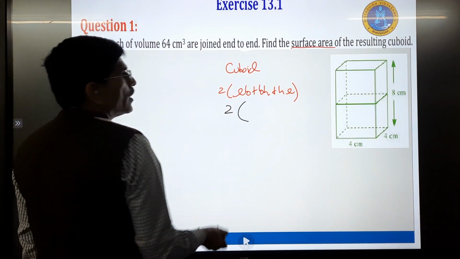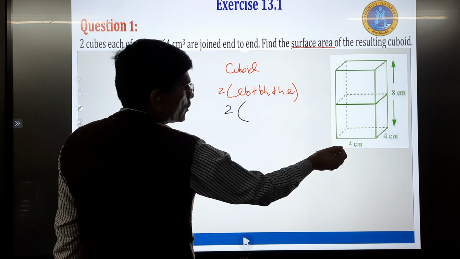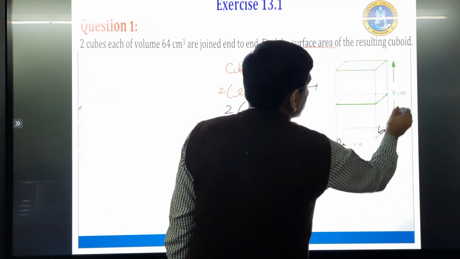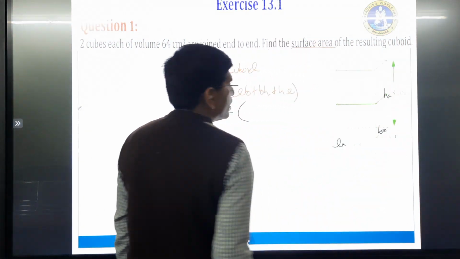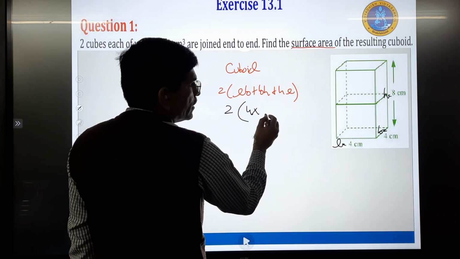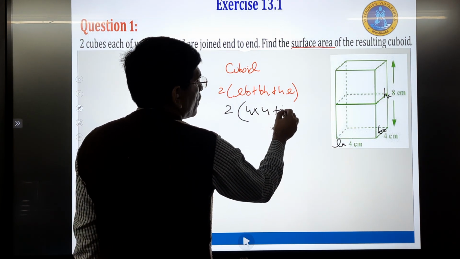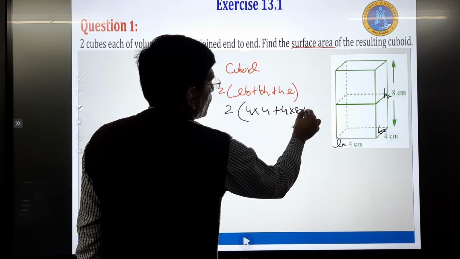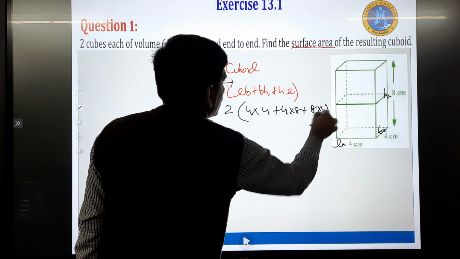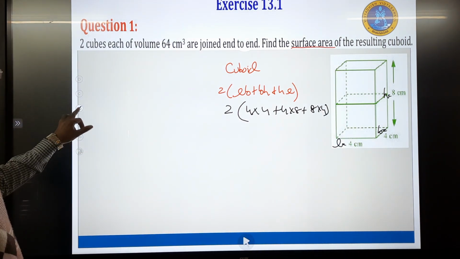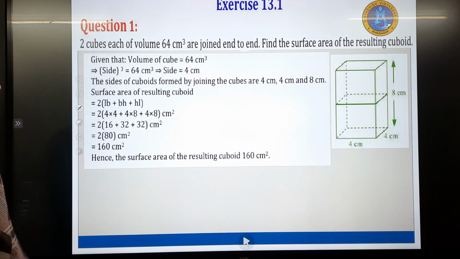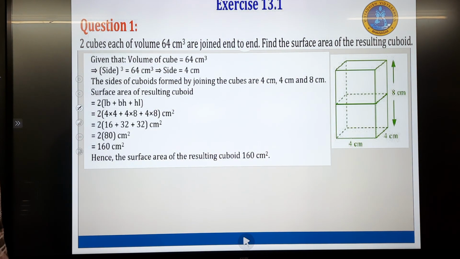If we put the values, here it is length, here it is breadth, here it is height. So 2 into (4 into 4 plus 4 into 8 plus 8 into 4). If we simplify, we can get the answer, that is 160.